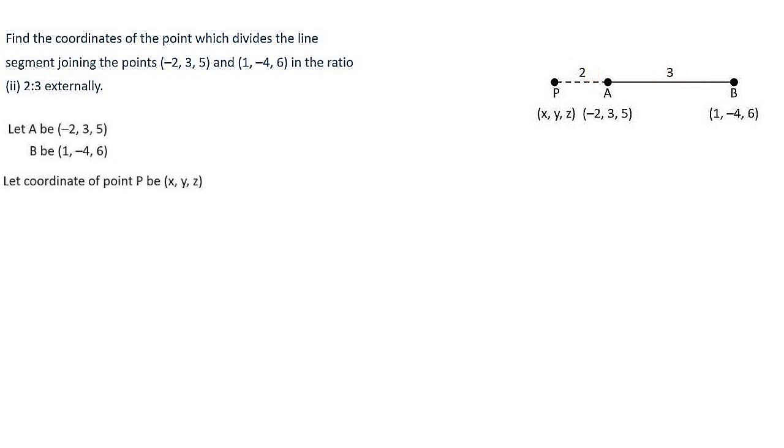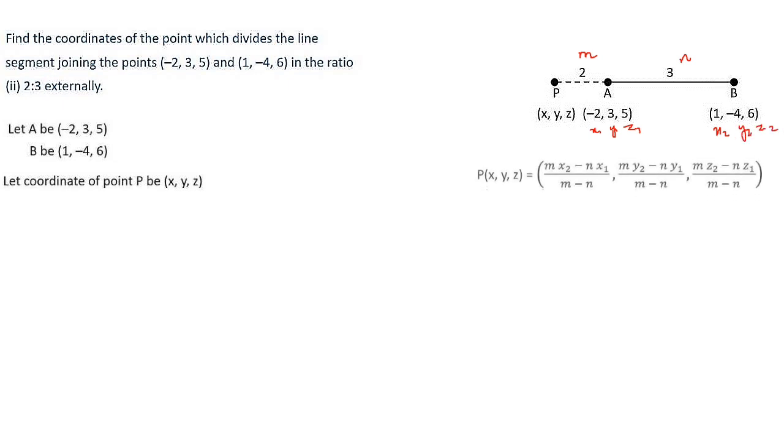Now as before, one is m and another one is n. We can take this one as m and this one as n. This one is x1, y1, z1, and this is x2, y2, z2. Then we use the external division formula.